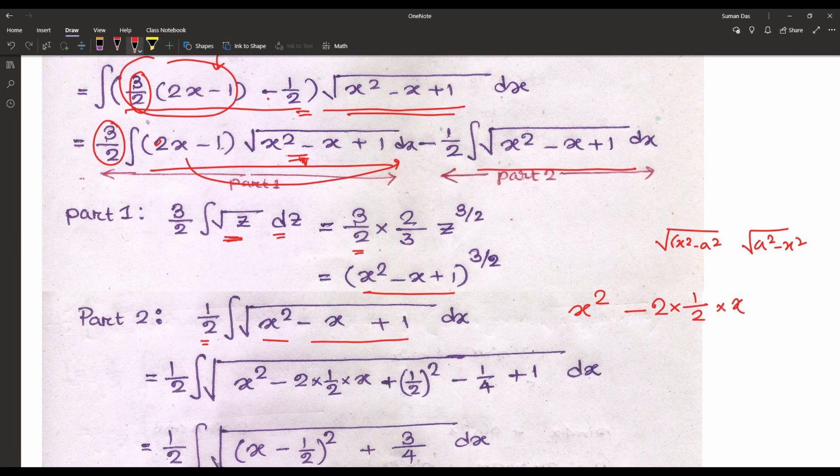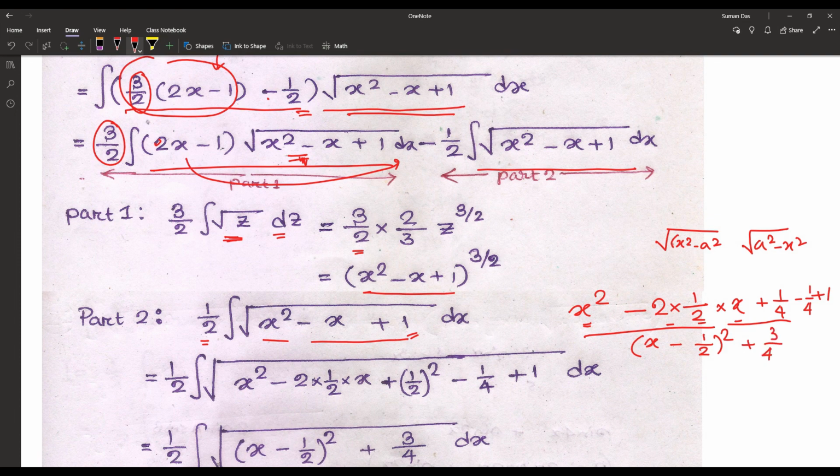So that is a square minus 2ab, then plus half square, or plus 1 by 4, must be there. So we have to take minus 1 by 4 from here, and another one, that is plus 1 is here. So we can write it as x minus half, whole square, and from here plus 3 by 4.